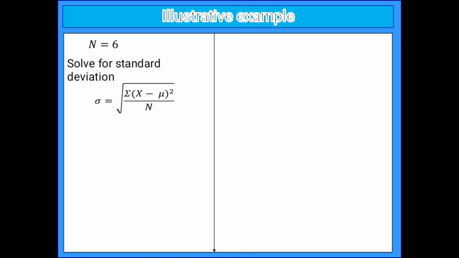So we're going to get the square root of 7,246 divided by 6, which is the square root of 1,207.67. Once we get the square root of this, we'll get the standard deviation value of 34.75.